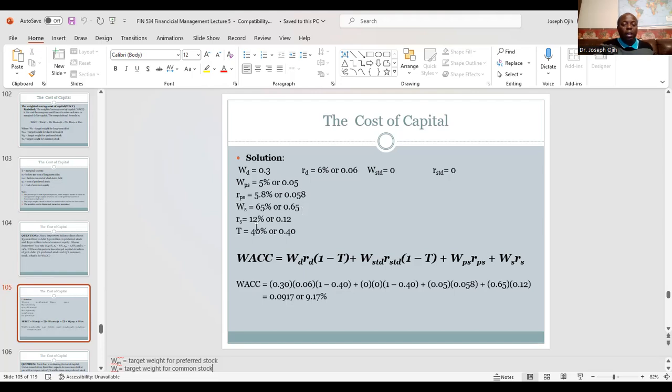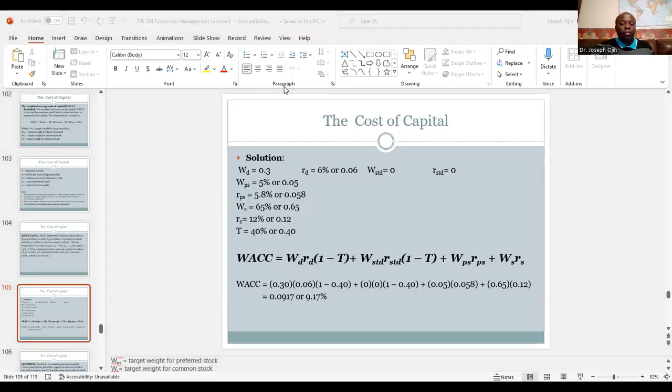And then RS, cost of common stock, 12%. Okay. Then, of course, we know that the marginal tax rate is 40%. T is 40%. So having gotten all this input, we can just go to Excel and put them in.